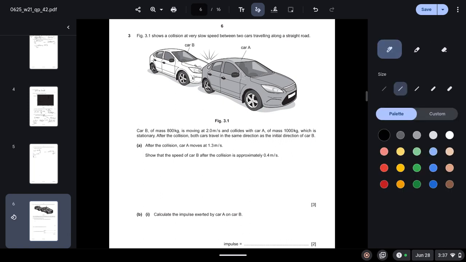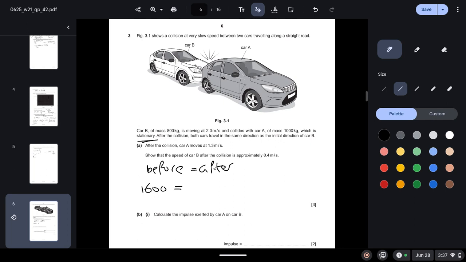First let's state that before must be equal to after. So total momentum before is 1600. This is due to car B. Car A has 0 momentum since it is stationary, and it should be equal to the total momentum after.